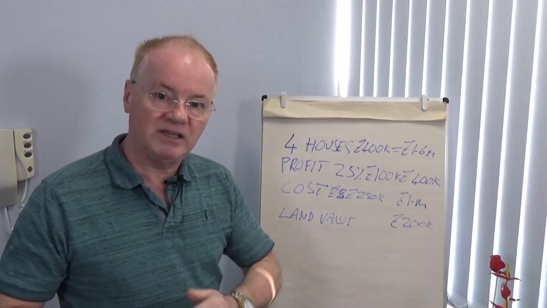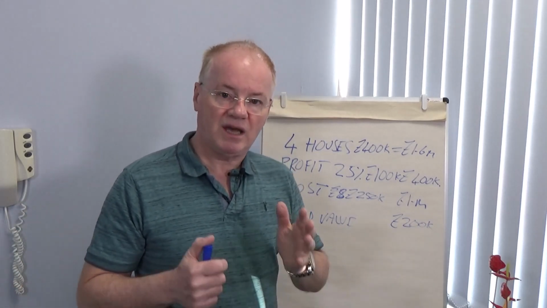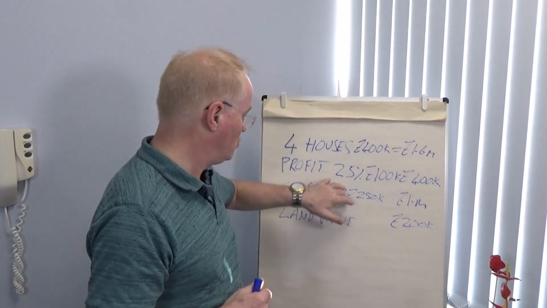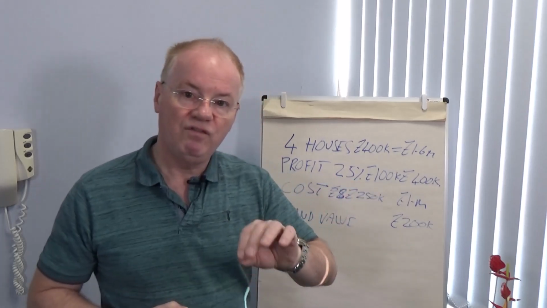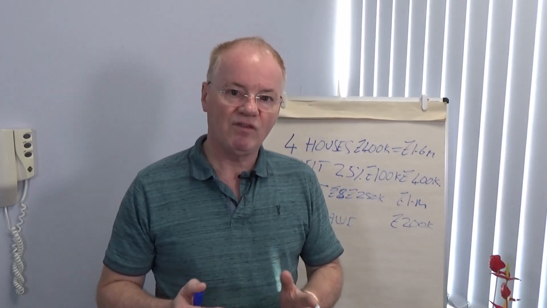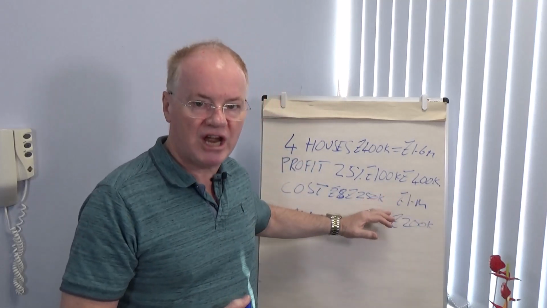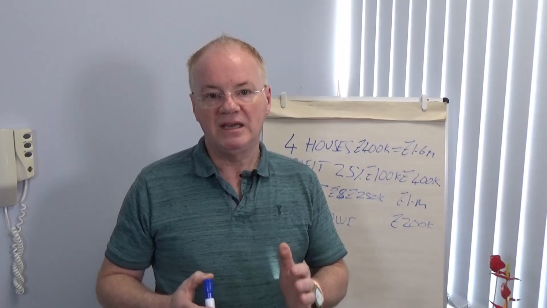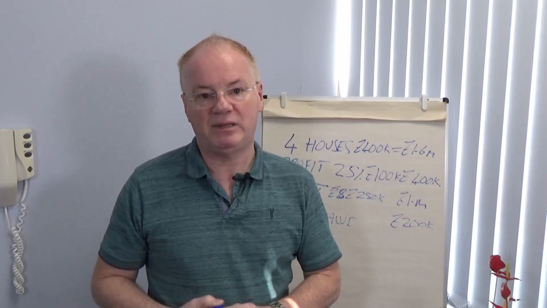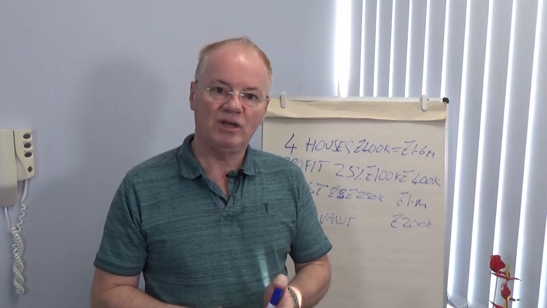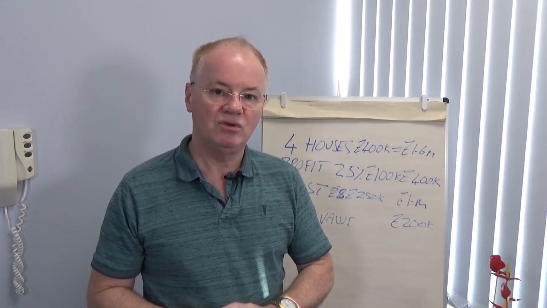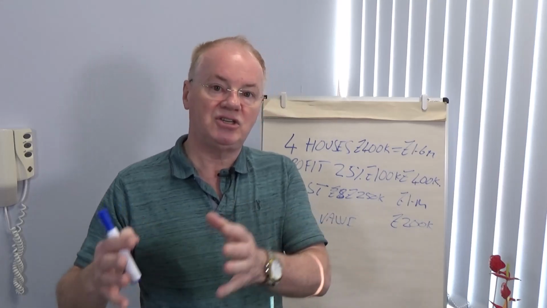Now, I did say earlier on that this is the build profit with full planning in place. However, to make this work, what we recommend is that you source land that doesn't have planning in place, and then achieve planning.